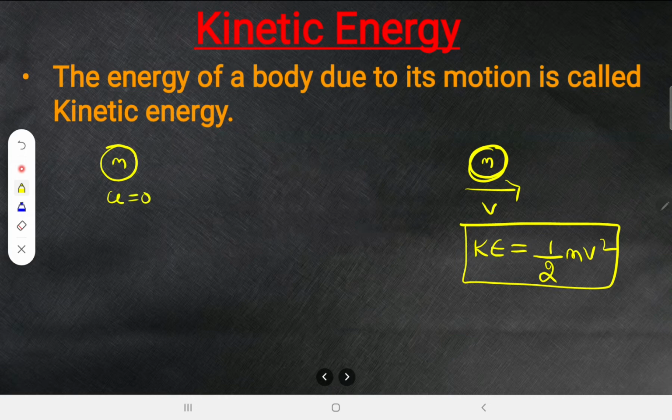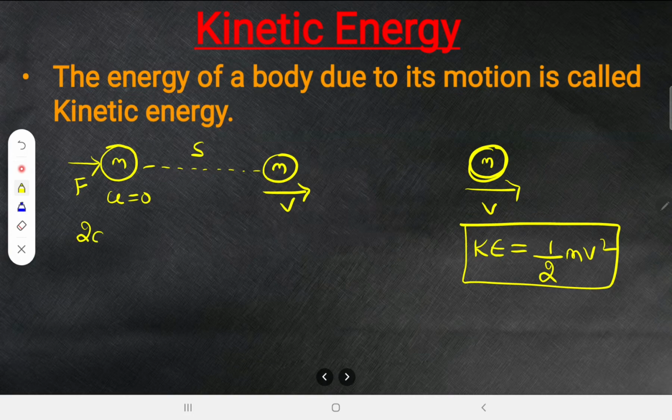Now you applied some force on it for some time, and it moved, covering a displacement of s, and it must now be moving with some velocity v. Initial velocity was 0 and final velocity is v, so the velocity has increased, which means there must be some acceleration.